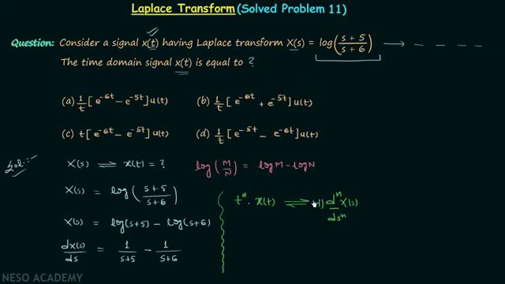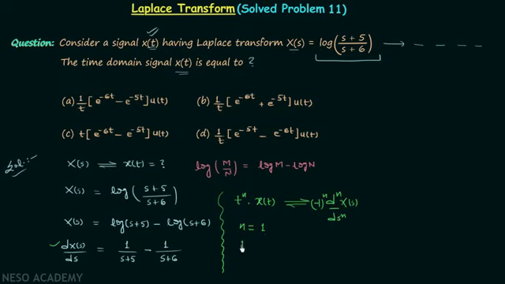Now we have already evaluated the result of dX(s)/ds. So let's say n is equal to 1.